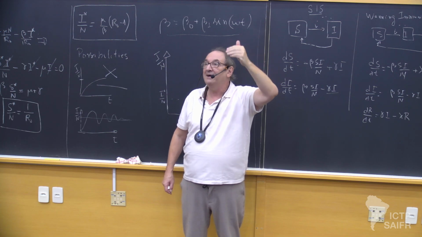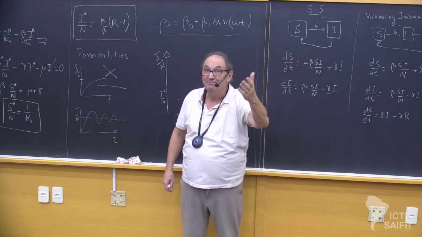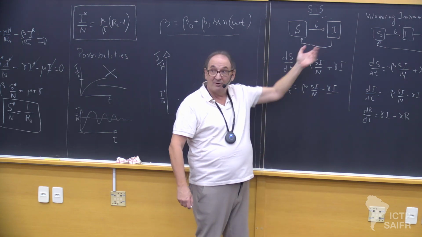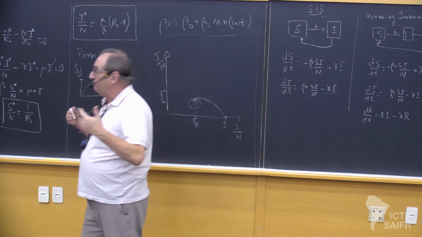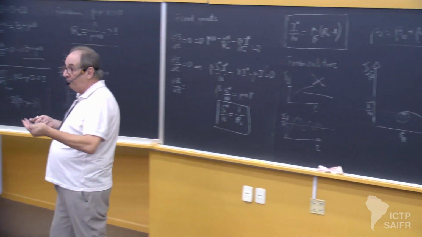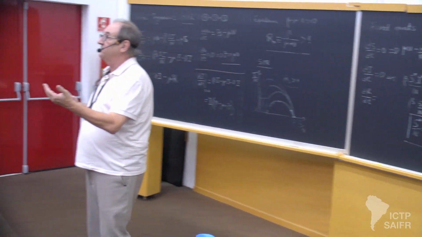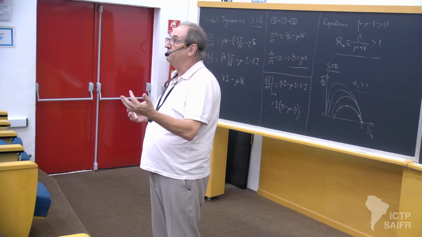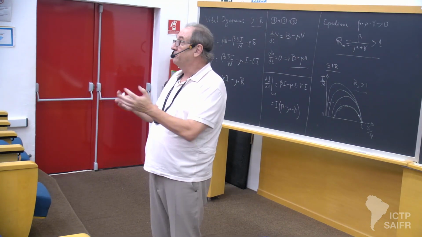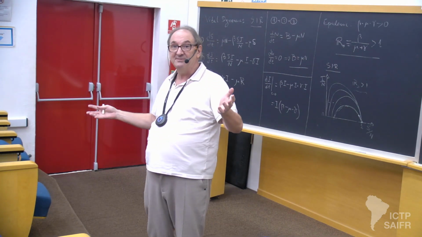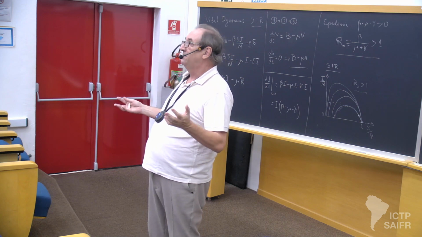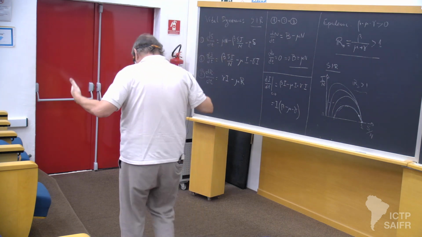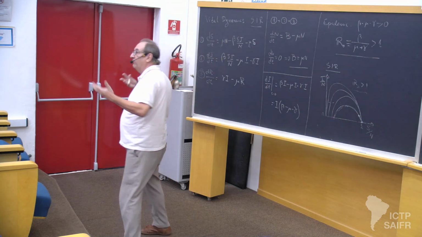You have age classes. The same for I. And then you would have a beta for the young people and for the old people. Maybe they are different. The recovery time may be different also. It may depend on age. Therefore, you will have an age-structured model.